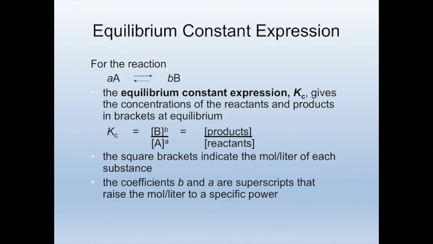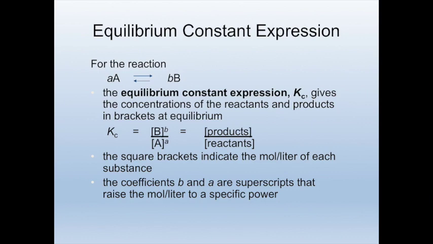So once we've gotten to equilibrium, we can start to quantify the amount of chemicals present. Say you have a hypothetical reaction, A moles of molecule A going to B moles of molecule B. We can develop something called the equilibrium constant expression, or Kc, which gives the concentrations of the reactants and products in brackets at equilibrium.